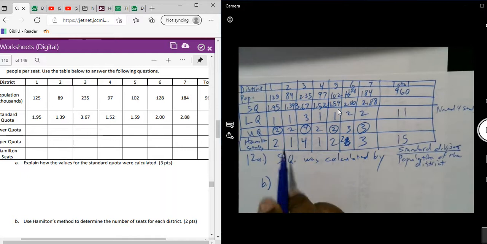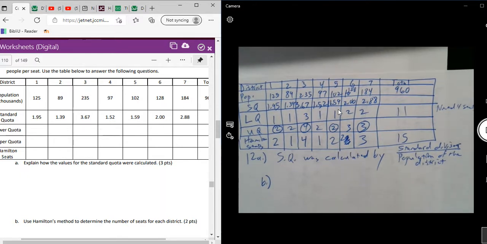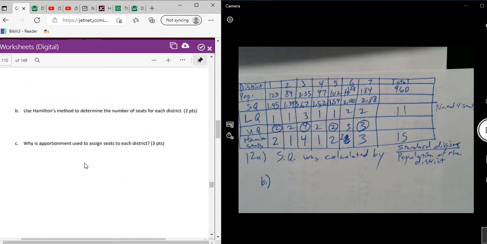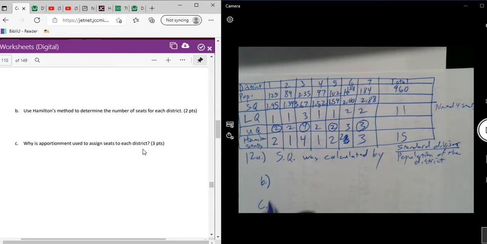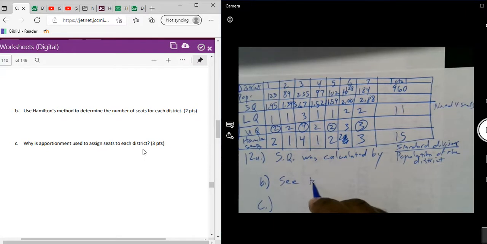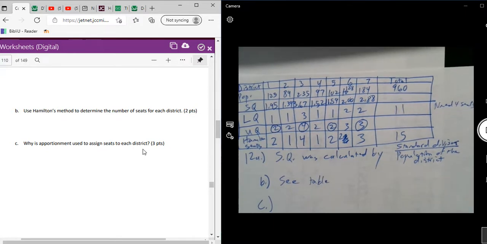So these are our seats: 2, 1, 4, 1, 2, 2, 3. So now we took care of B.